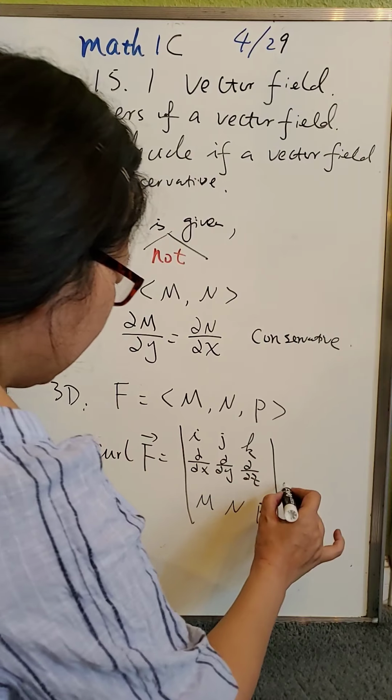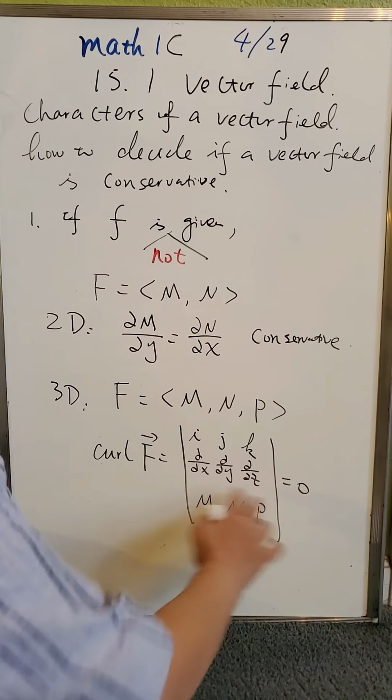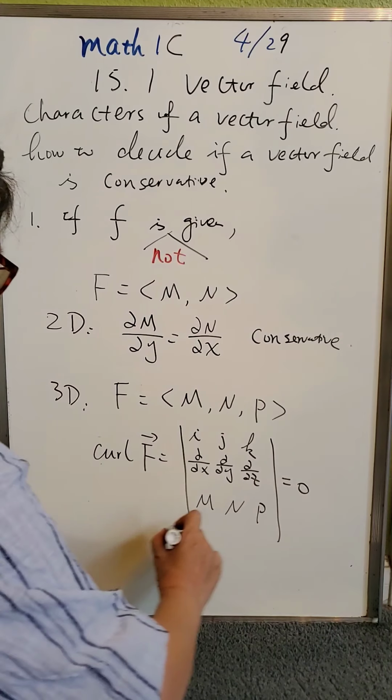I'll show you how to do it later on. If the curl equals 0, then it will be conservative.